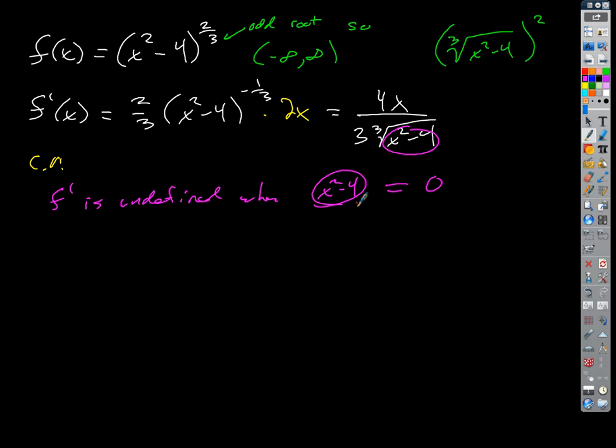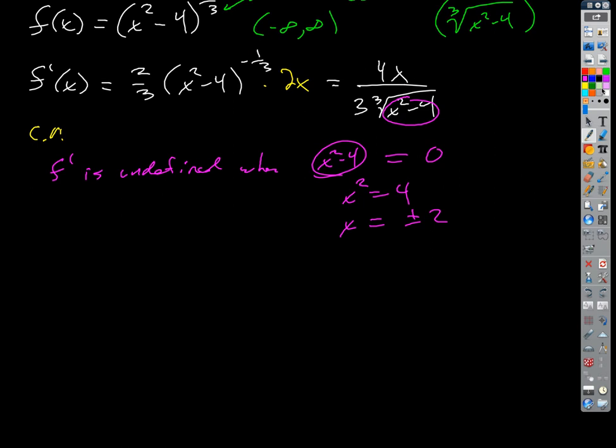X squared minus 4, right? So then if I solve that, what do I get? I get x squared equals 4, so x equals plus or minus 2. So those are going to be critical numbers of the undefined type. Where does the derivative equal 0? So that's one type.